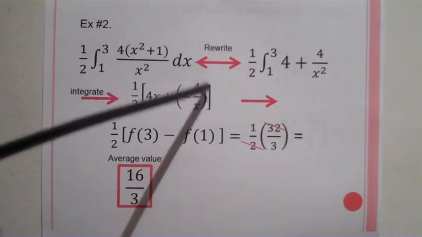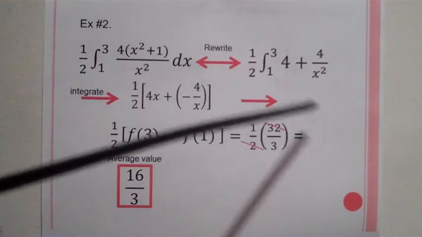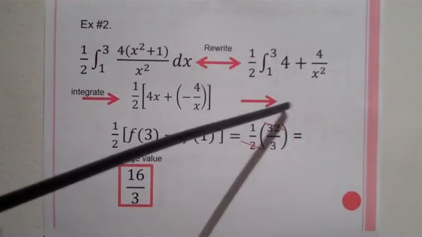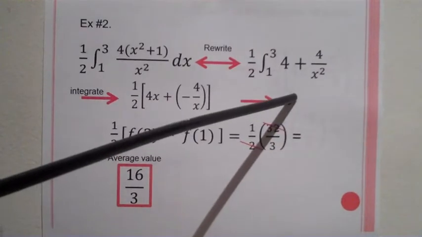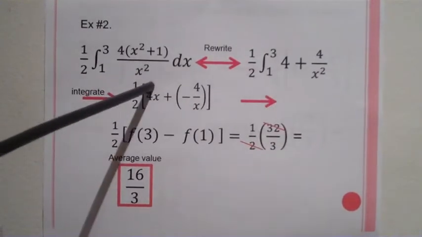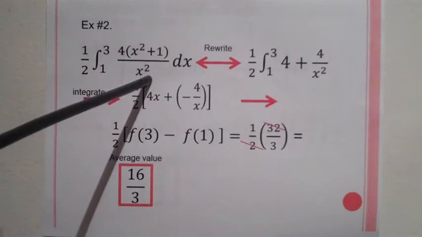However, you will need to rewrite your function so that you get 4 plus 4 over x squared, because you cannot integrate the function just how it is.